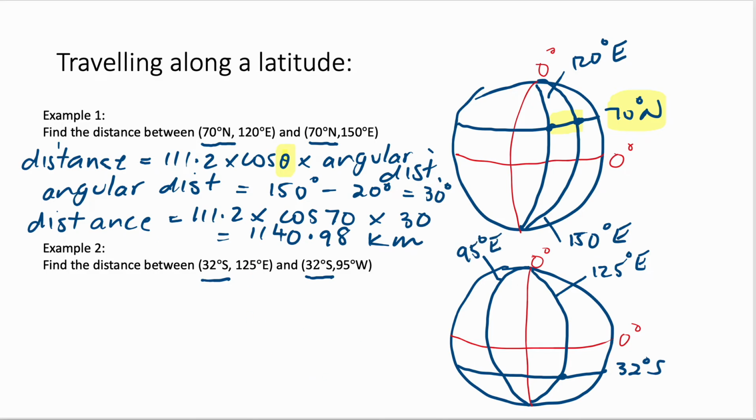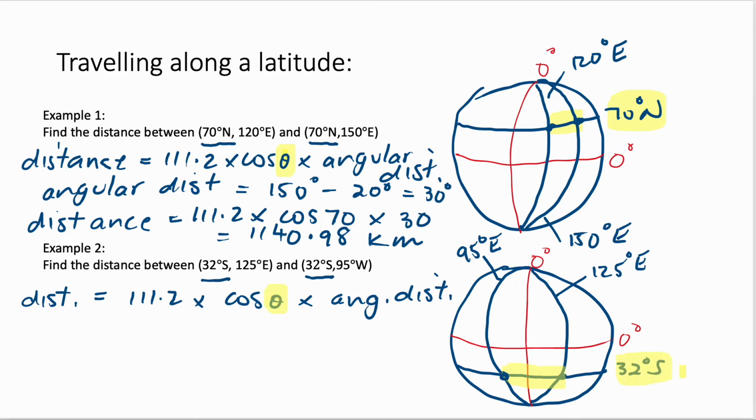Once again, you can see that we're traveling on a latitude, so we're using the same formula as last time: distance equals 111.2 times cos theta times angular distance, where our theta comes from the latitude that we're traveling along.